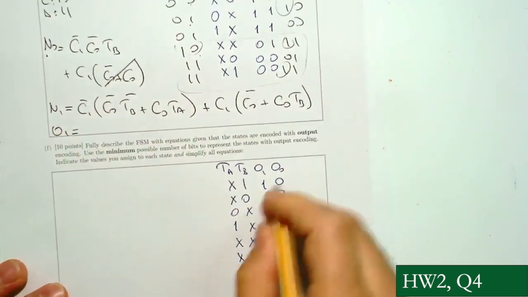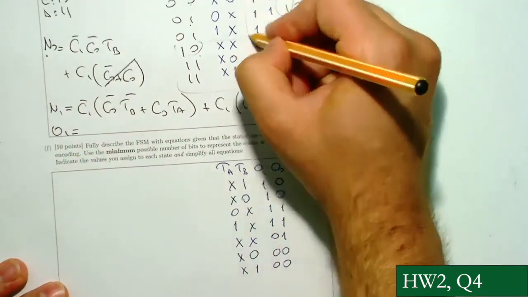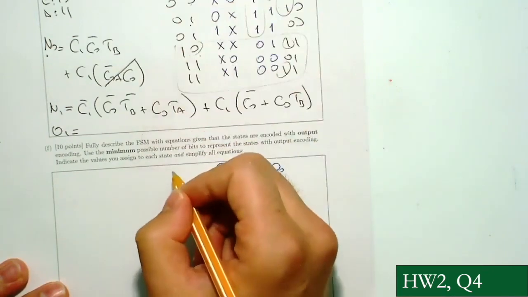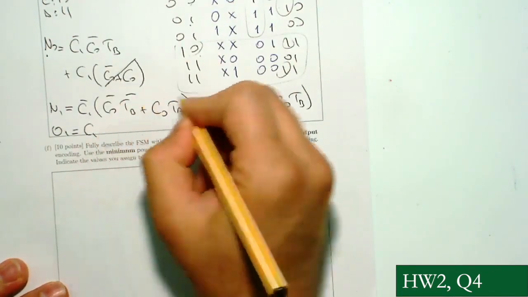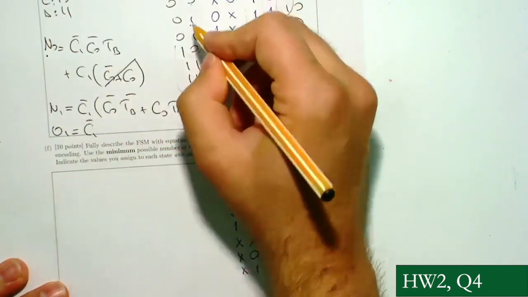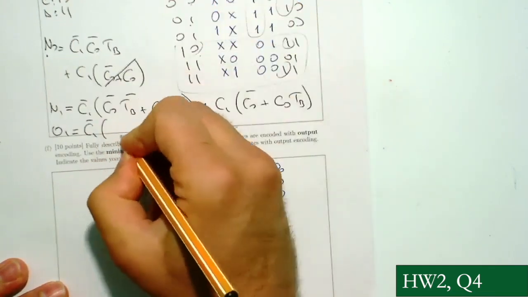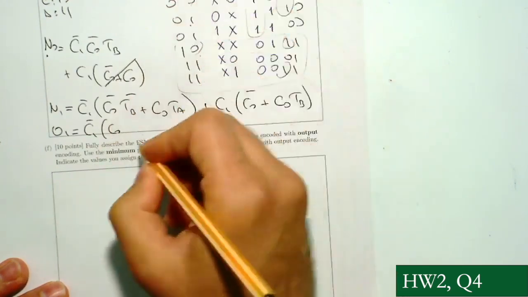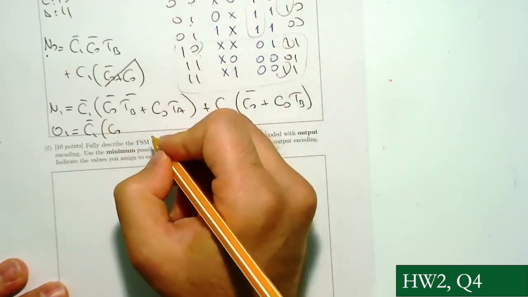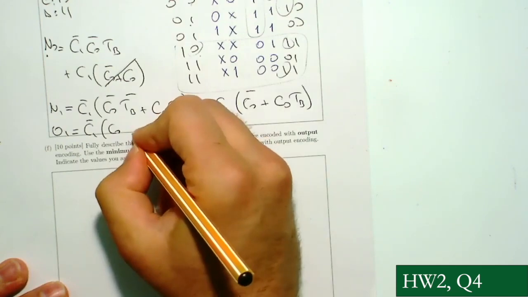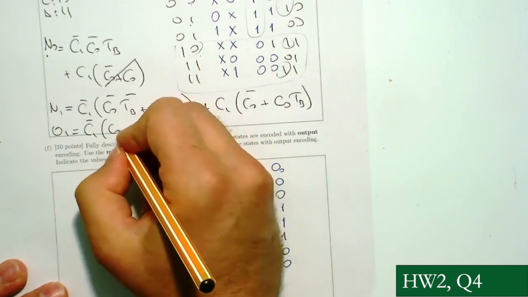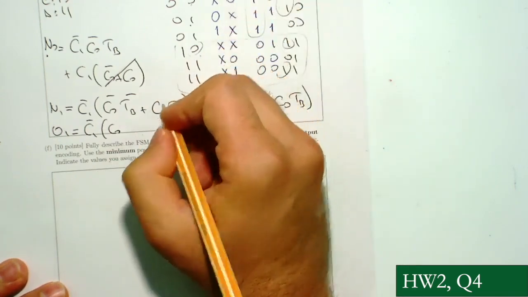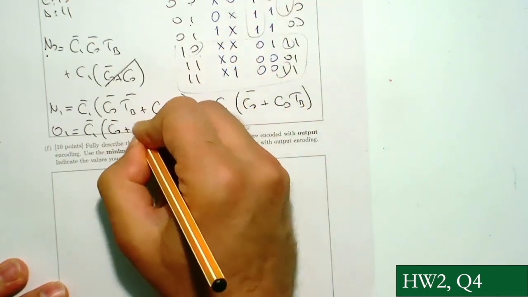For O1, I have 1s here. So this means that C1 is always 0 for that one. If I have C0 not, this also doesn't depend on the input. I guess only C1 here. Yeah, only C1, but that's right: C0 not or C0.